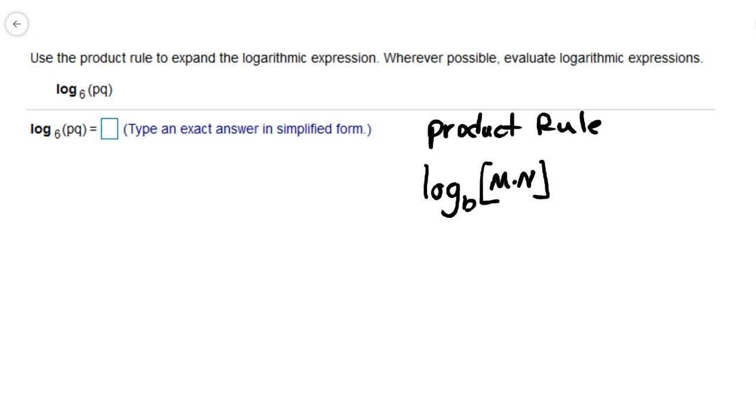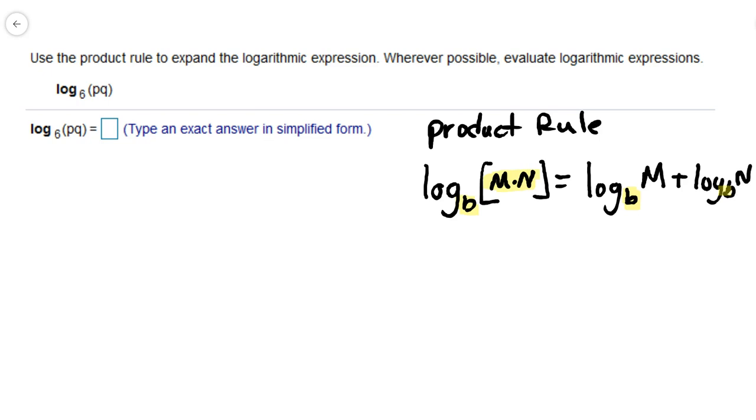So I'm writing the product of m times n. This can be rewritten as log base b of m, notice I'm using the same base that was originally given, plus log base b of n.